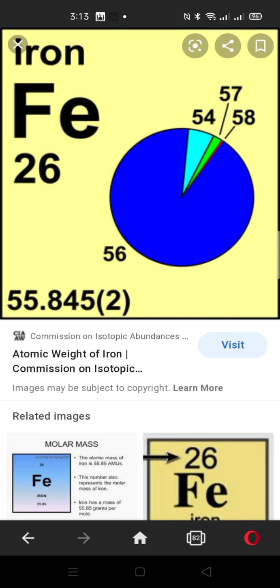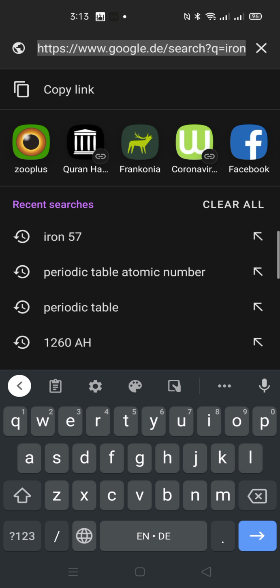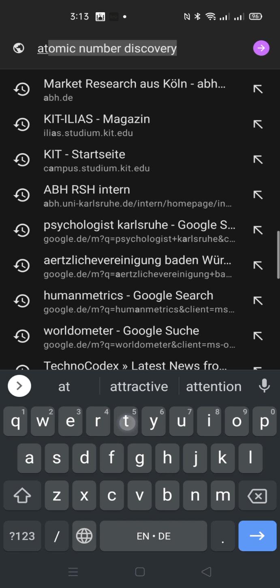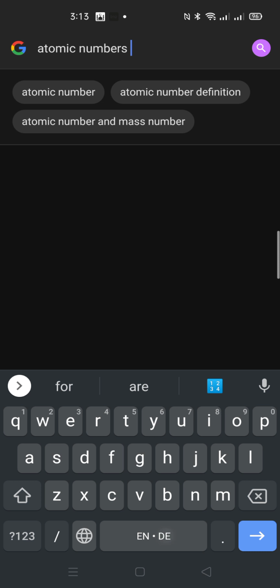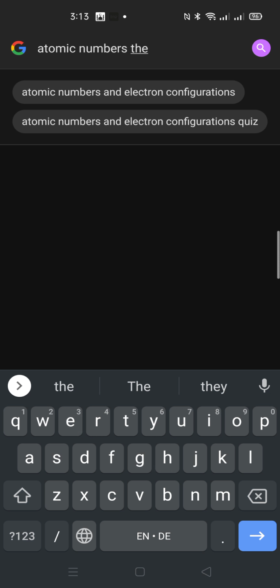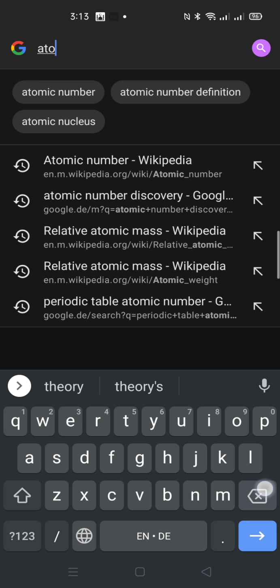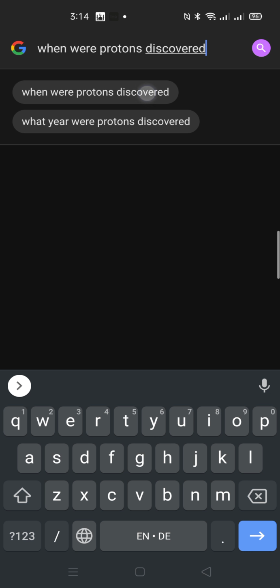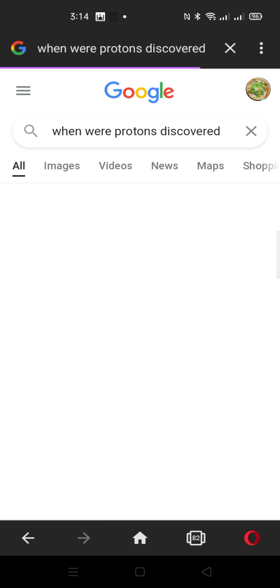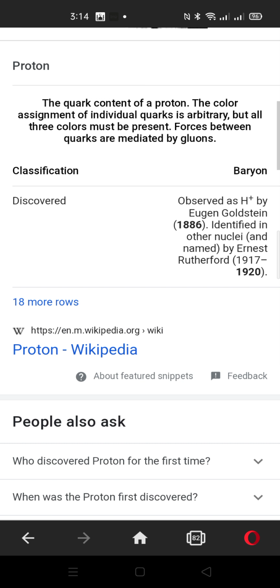Now let's just have a look at when science discovered this element. Atomic numbers theory. Let's just look at when were protons discovered. Protons were first discovered in 1886.